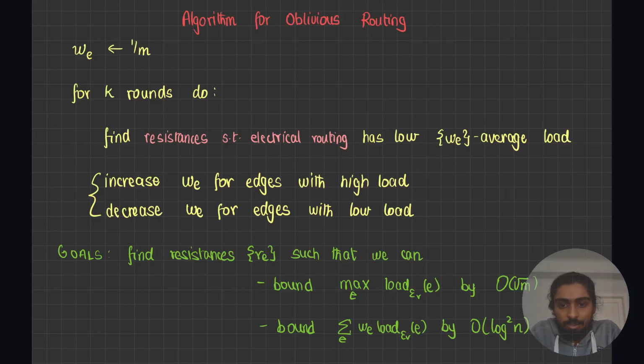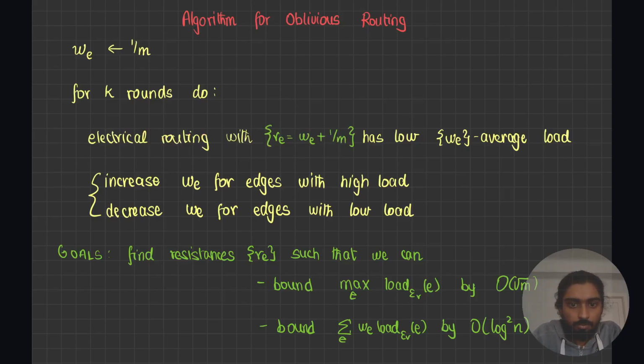And the average load, if you use low stretch spanning trees, was log n, log n. And we are going to use a result of Schild, Rao and Srivastava, which gives you log squared n instead, still polylog. And what are the resistances that we set? We claim that if you set resistances exactly equal to WE plus 1 over M. WE, recall, is what you wanted to be low: the average load.